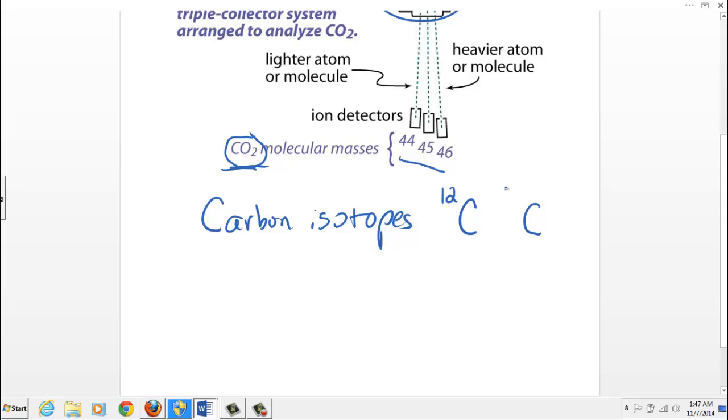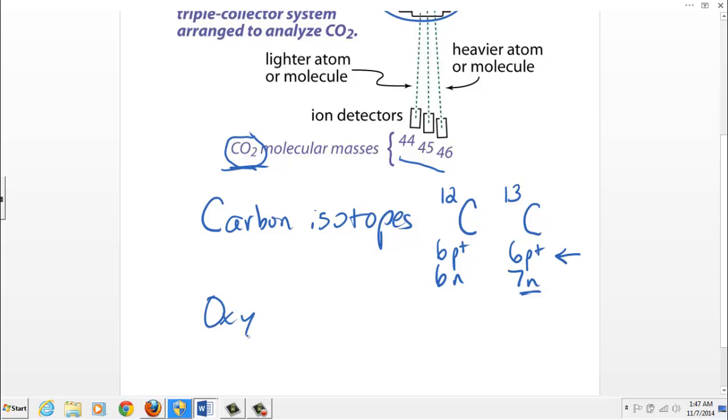And there's another isotope, carbon 13, where there's an extra neutron: 6 protons and 7 neutrons. Of course the identity of the element is determined by the number of protons, and the neutrons are just dead weight. It's just making them heavier.